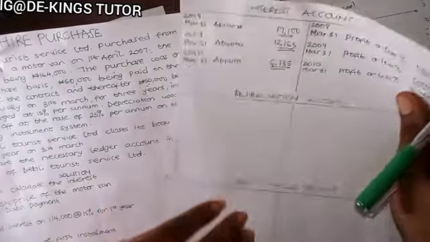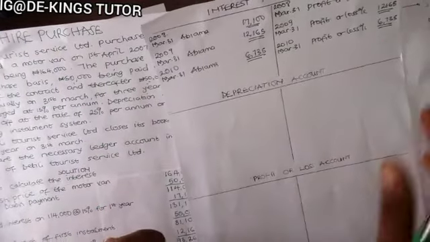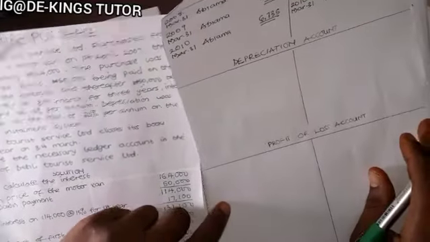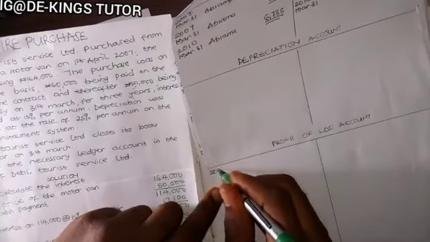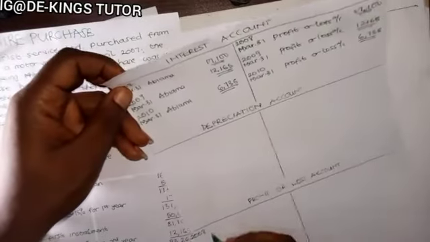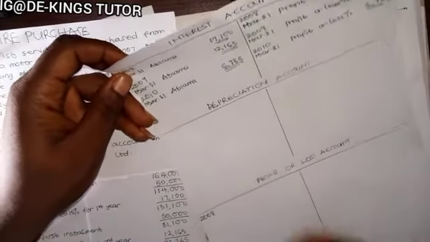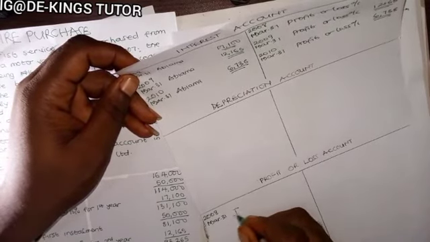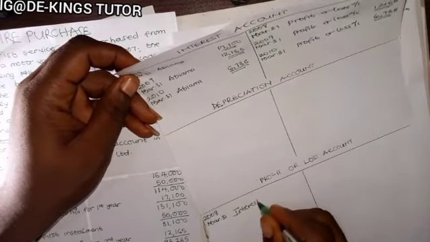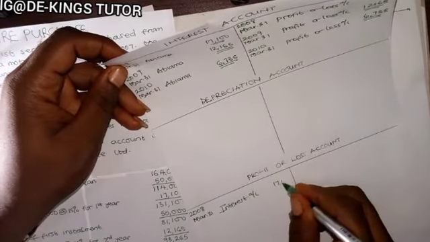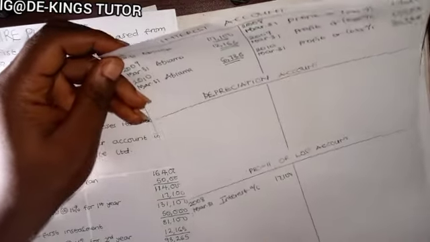Okay. Now the corresponding entry will now come to the profit or loss account the way it is here. So we have 2008, we have profit or loss account here. So we have here March 31st, interest account 17,100. Okay.